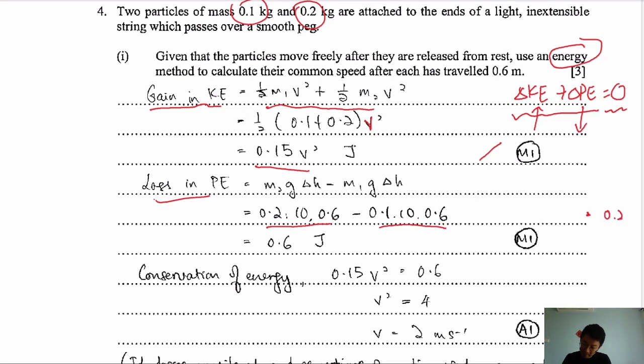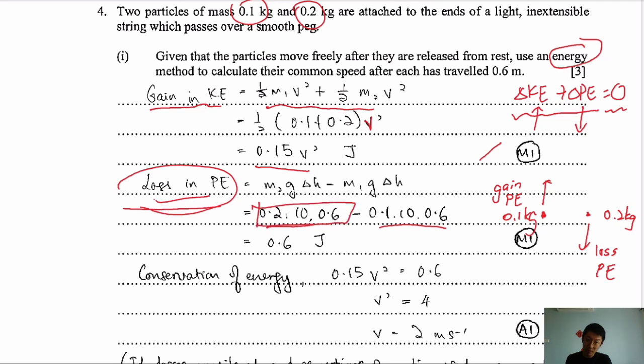The situation is like this: the 0.1 kg goes up, so this is a gain in PE; the 0.2 kg goes down, so this is a loss in PE. The loss in PE takes the positive sign and the gain in PE takes the negative sign, because at last we will have a net loss in PE.